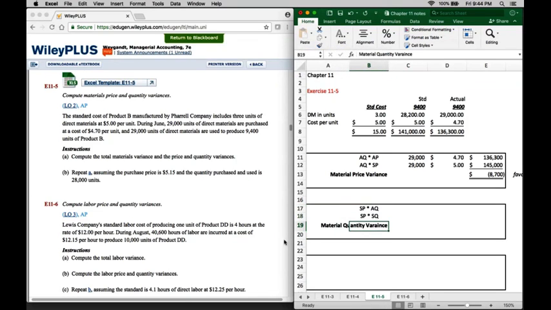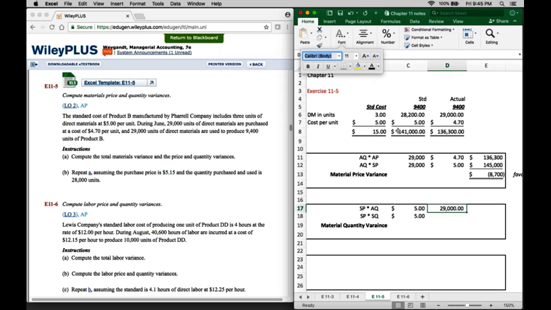For quantity variance at standard price, I'm going to multiply the standard price by the actual quantity and the standard quantity. What was the standard price? $5, so we put that down first. What was the actual quantity? The actual was 29,000.